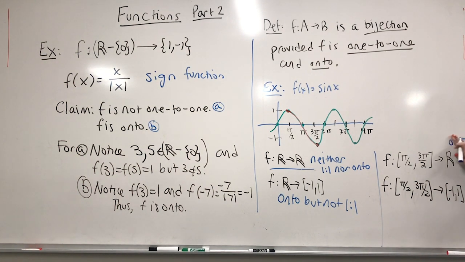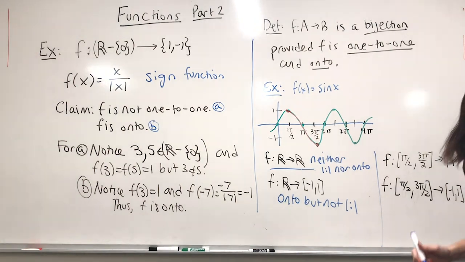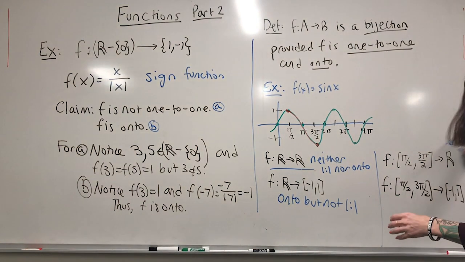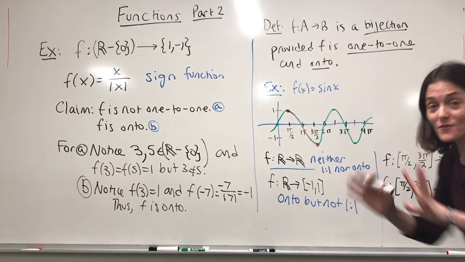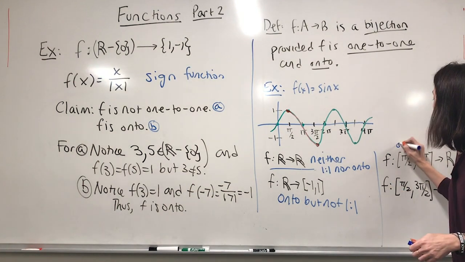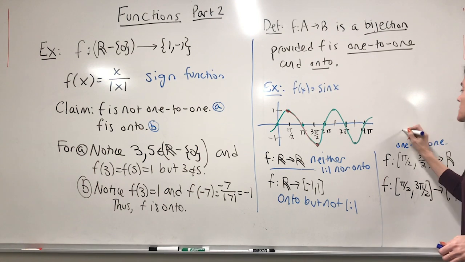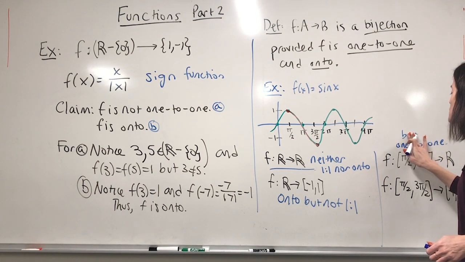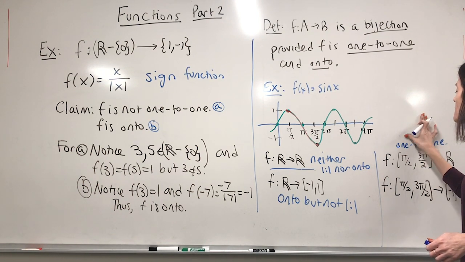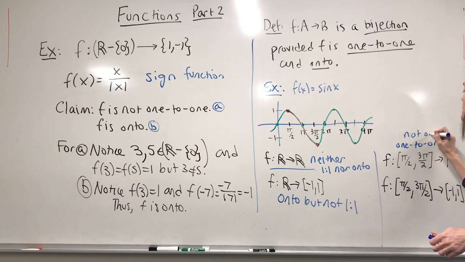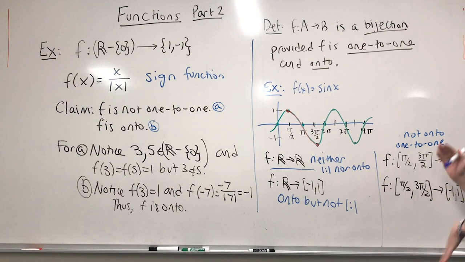Oh, you might not be able to see over there. Maybe I'll write it above. I don't want to go off of the screen. So this one is 1 to 1, but it's not onto. I'll write that above also. Not onto.